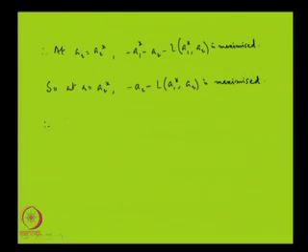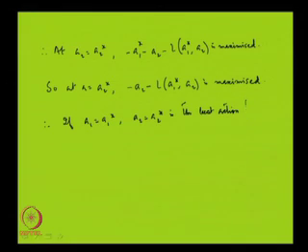So, if A1 is equal to A1 star, A2 is equal to A2 star is the best action, the optimal action for player 2. Therefore, A1 star, A2 star is a Nash equilibrium.